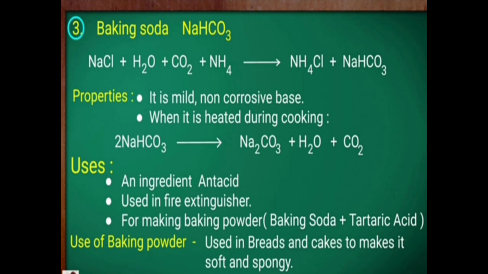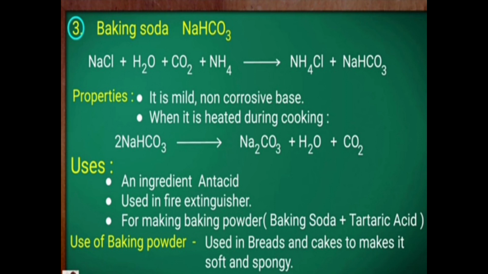When it is heated during cooking, it gives us Na2CO3, that is sodium carbonate, water and carbon dioxide. The uses are: it is an ingredient in antacids. As I told you in the previous slide, an antacid, which is a base, neutralizes the excess acid present in our stomach.